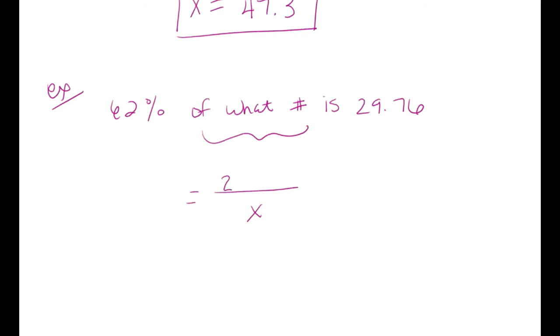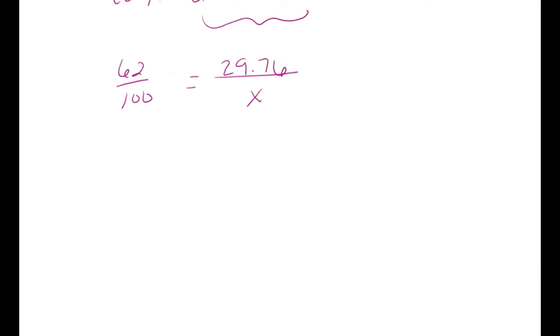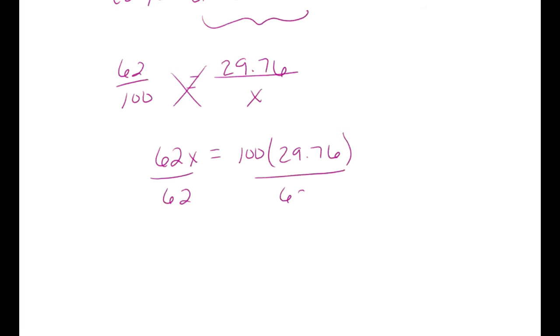We know is 29.76, and it's 62%, always over 100. Now we cross multiply. 62x equals 100 times 29.76. Divide by 62. And x is going to equal 48.